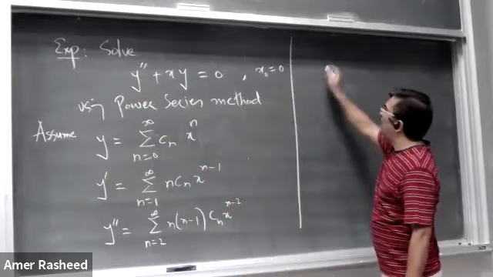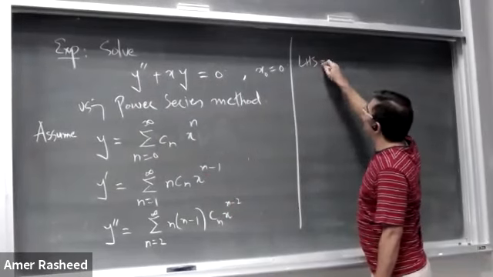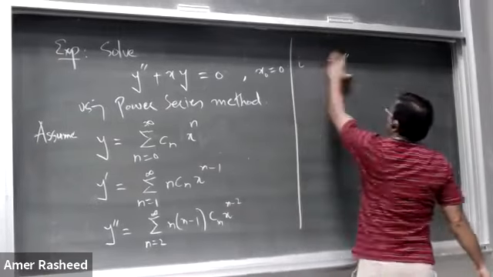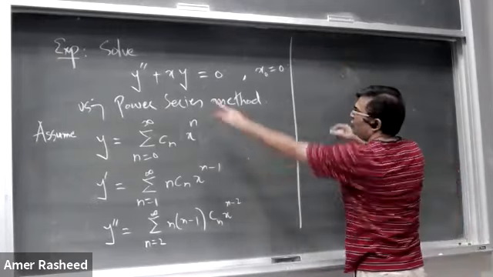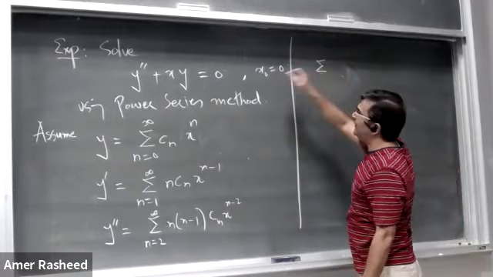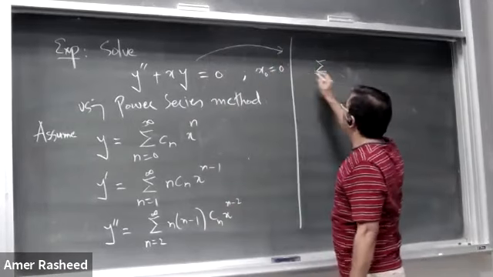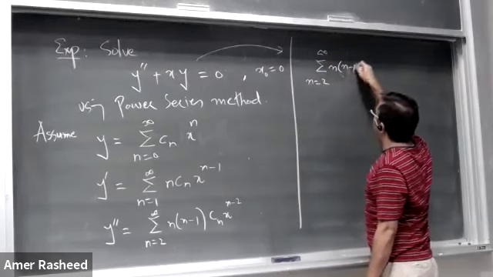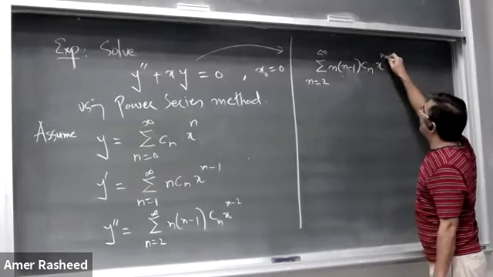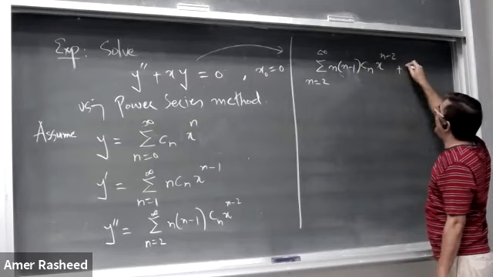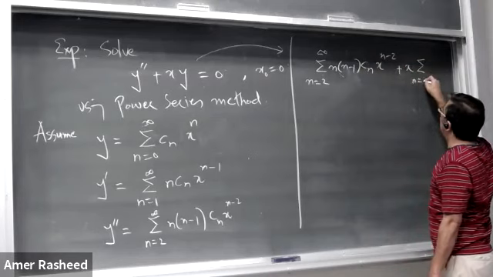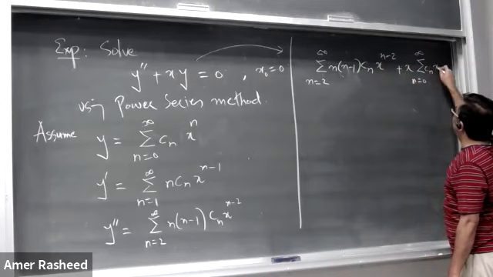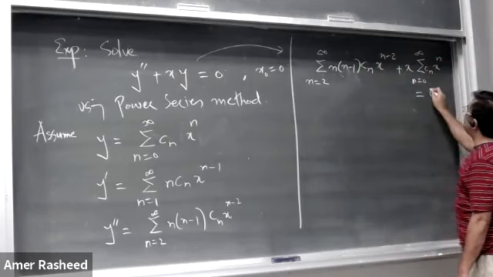So the left-hand side basically gives us y double dash. Yeah, 0 के equal put कर देंगे इसको. Don't worry about it. So y double dash put करेंगे तो क्या आ जाएगा इस equation में? N from 2 to infinity, n into n minus 1 Cn x power n minus 2 plus x times summation n from 0 to infinity Cn x power n is equal to 0.